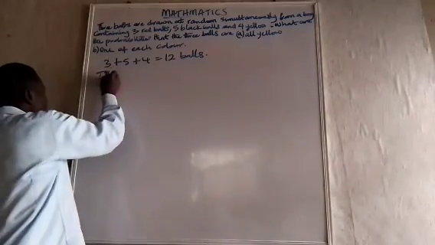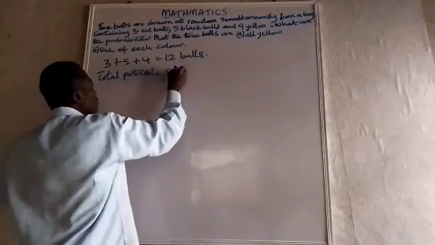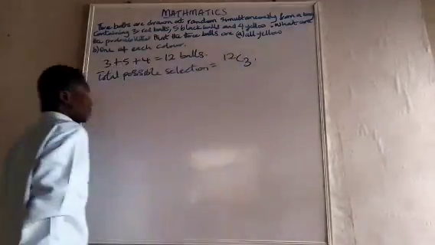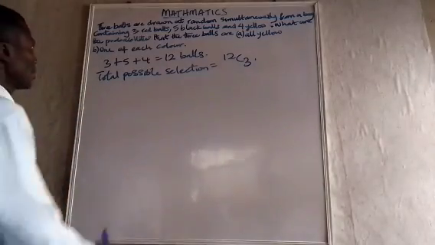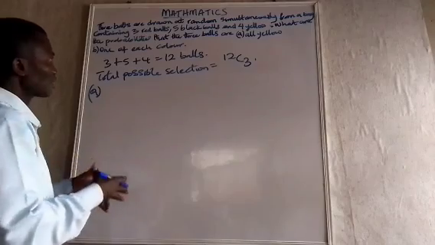So, total possible selection is going to be 12C3. Now, we are asked, what is the probability that the 3 balls are all yellow?